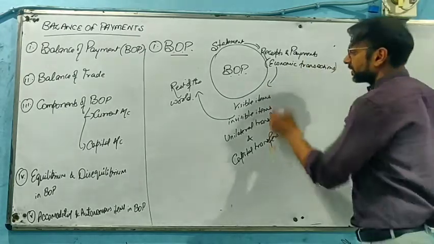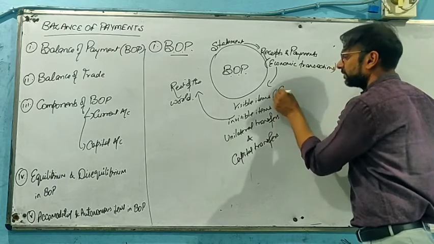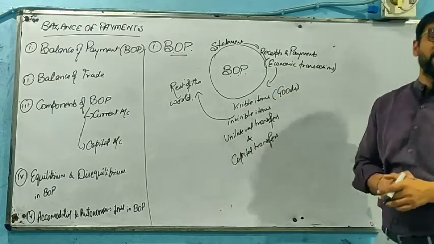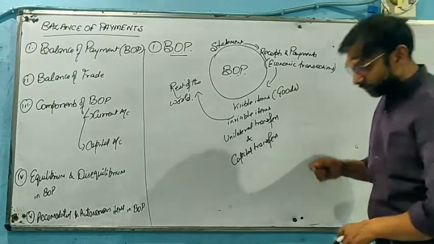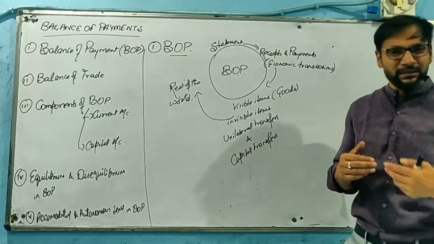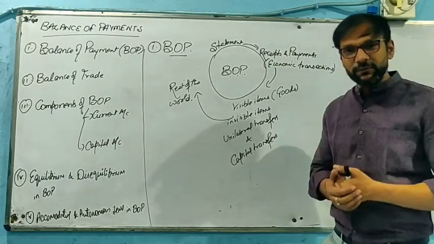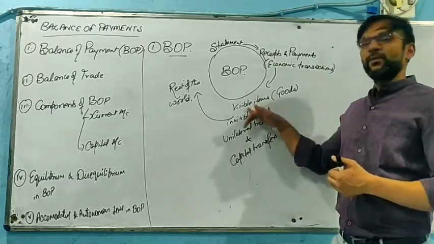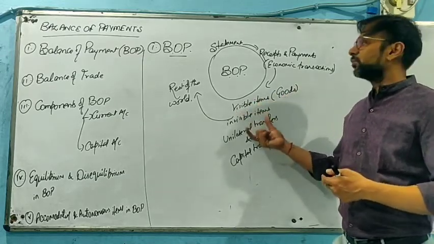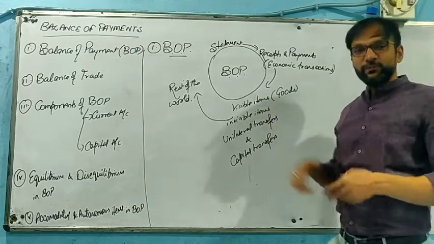So, if we are concerned with visible items, we say that goods are visible items. It means whatever physical goods are being transacted between our country and the rest of the world, right? The economic transaction of such goods or visible items will be included as an element of BOP.